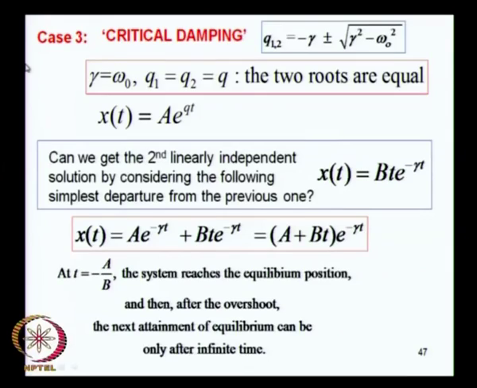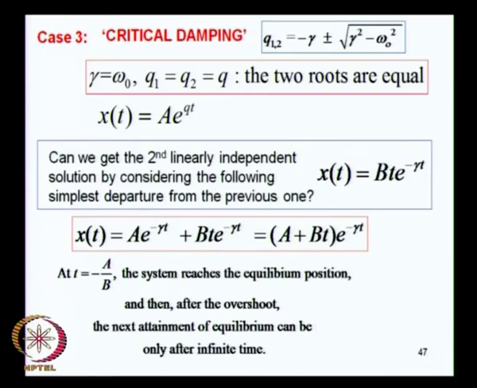So in this case what we do is, we have a solution, we have already determined the solutions to be given by these 2 roots, but we are confronted with a very unique situation in which we have 2 roots, but both are equal.